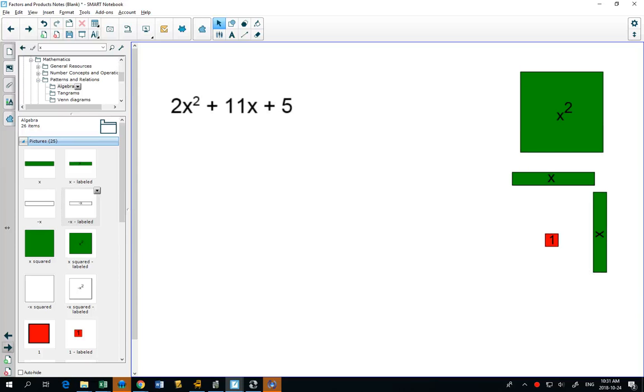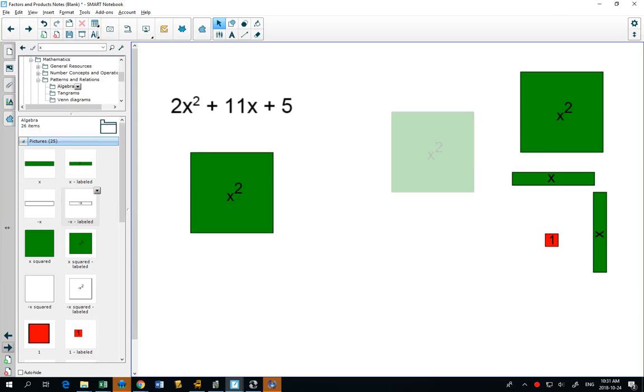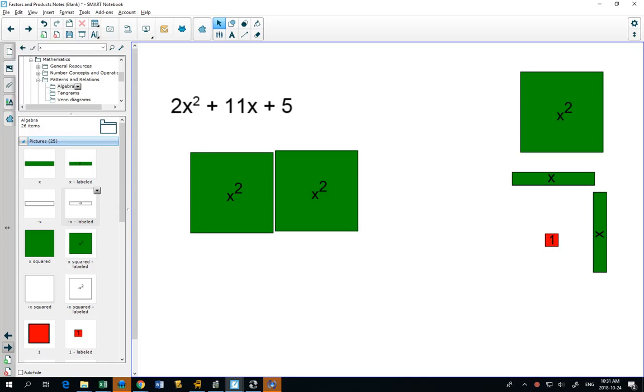Now we have 2 x squareds, 11 of our x's, and 5 of our ones. How are we going to do this?